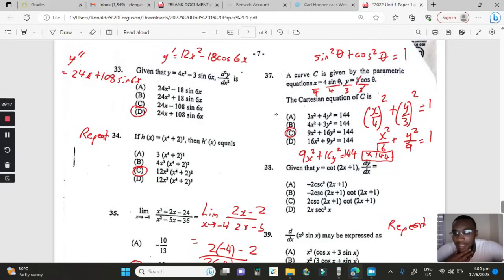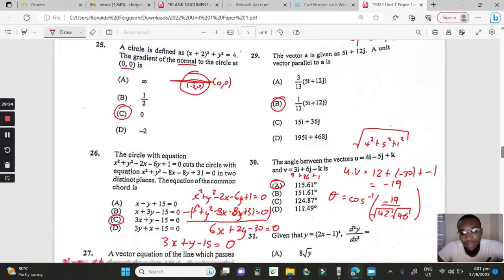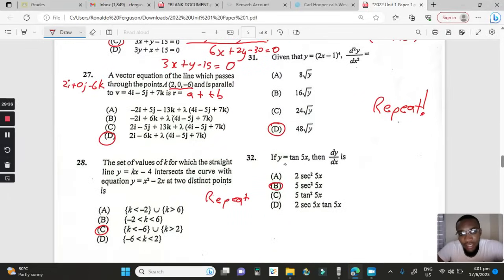Alright, let me see. When you differentiate tan, there's a rule to remember, which we used around here. When you differentiate tan ax, you get sec squared ax times a.